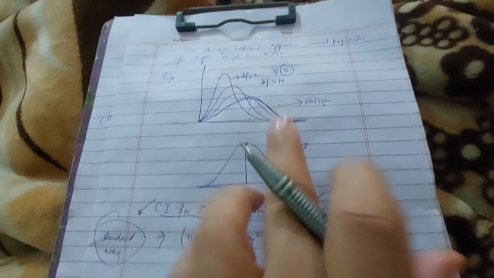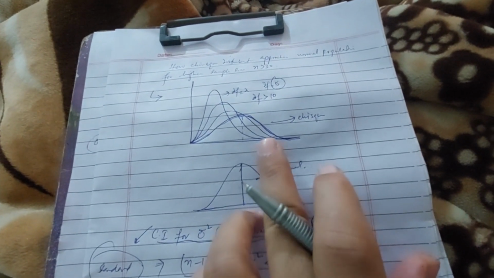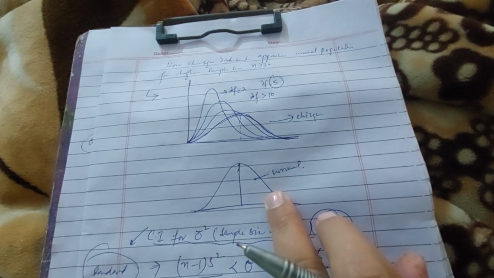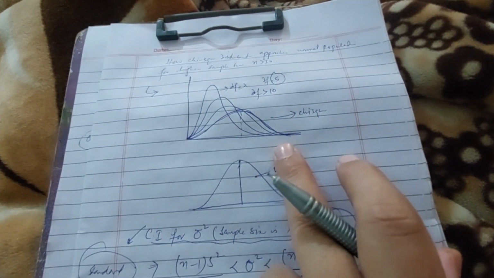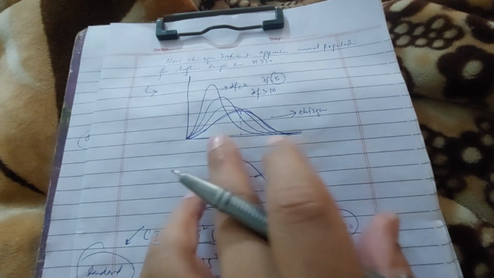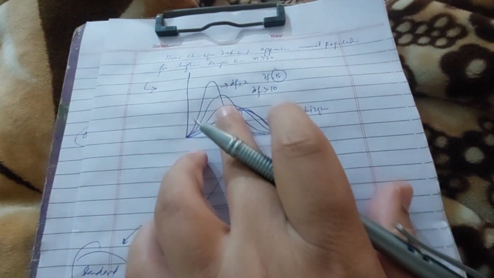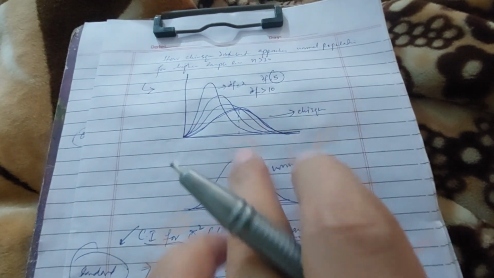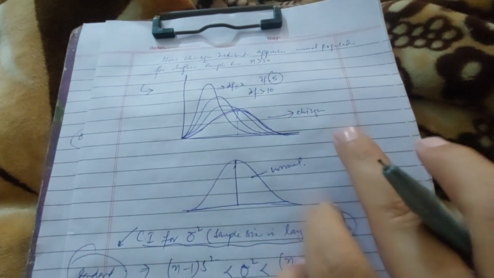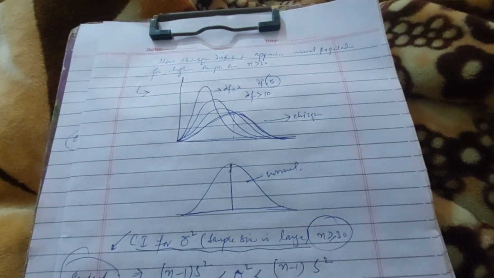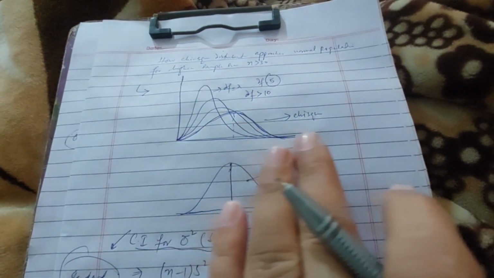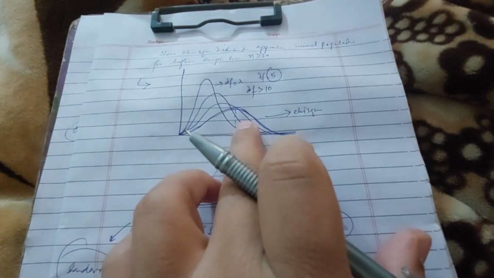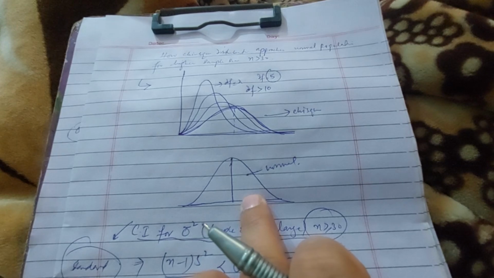Also, there is the approximation of the chi-square distribution with the normal distribution as the degree of freedom or sample size increases. Degree of freedom is equal to n minus 1, so as we move towards a higher sample size, the chi-square distribution approaches the normal distribution.